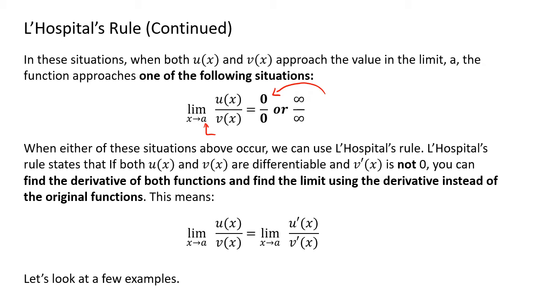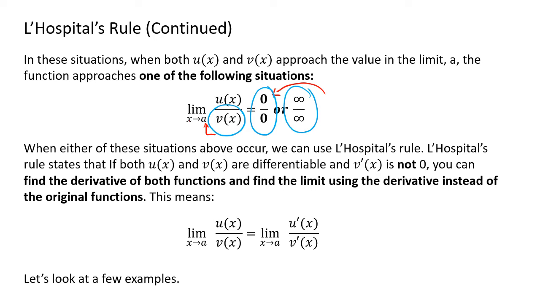And when this comes up, oftentimes you can calculate the limit, but you have to use what's called L'Hopital's rule. If you have a situation where it equals 0 over 0, or infinity divided by infinity, and the function in the denominator, v of x, cannot have a derivative of 0.